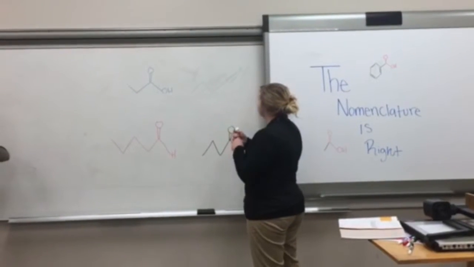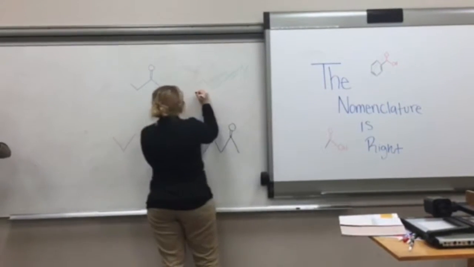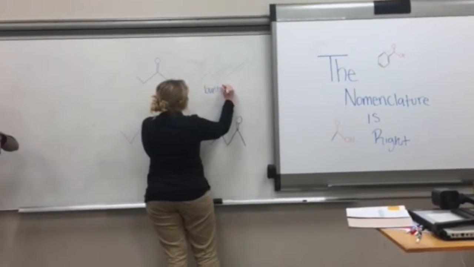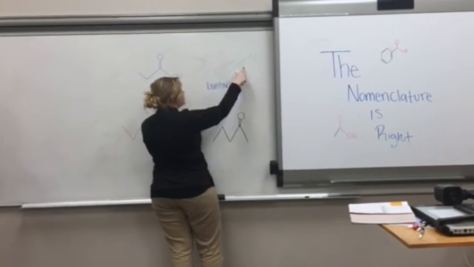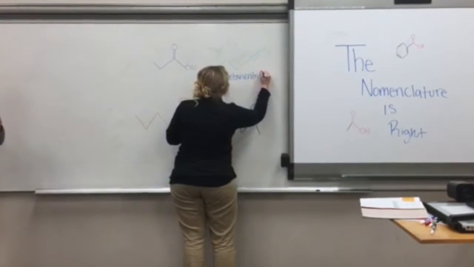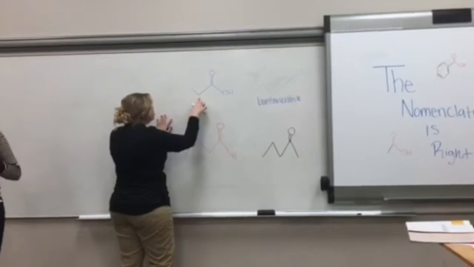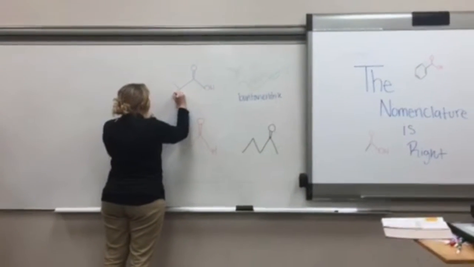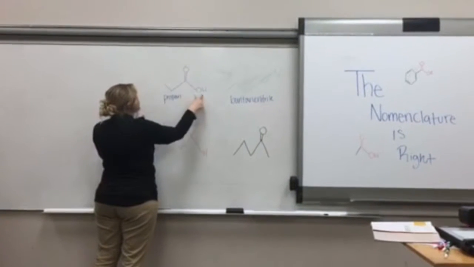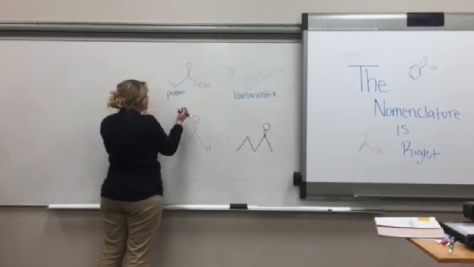Okay, so 1, 2, 3, 4. So that's 4, so it's butane. Do I drop the E? It's a nitrile, I don't drop the E. All right, 1, 2, 3. Is it carboxylic acid? Is it ketone?